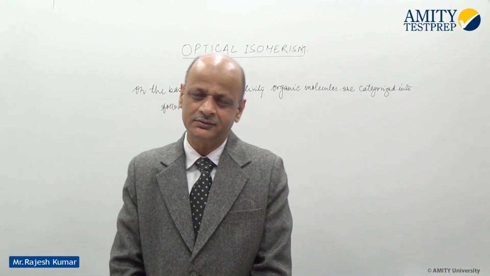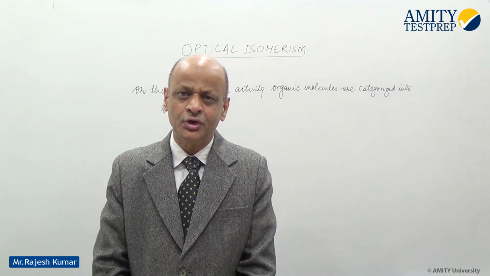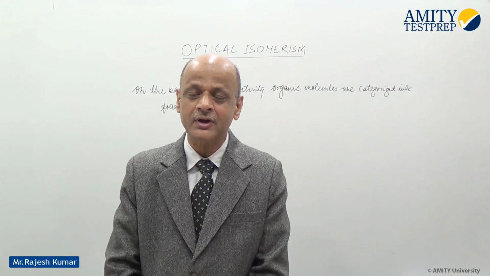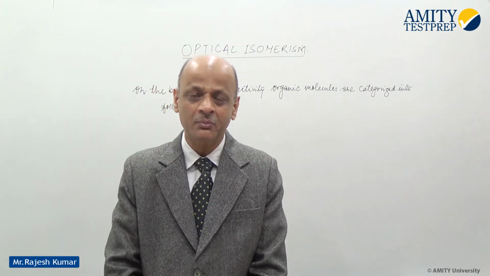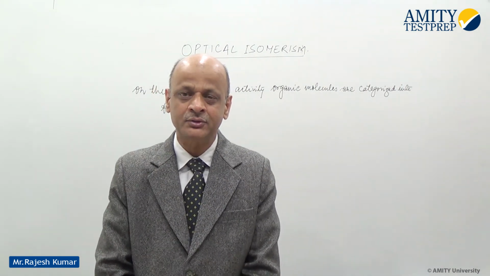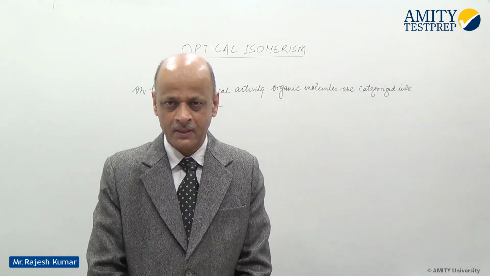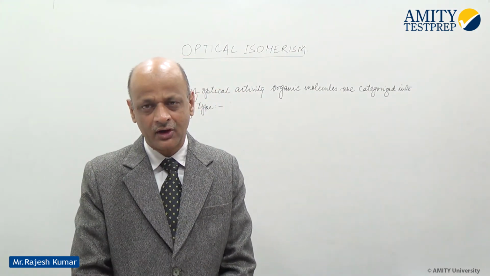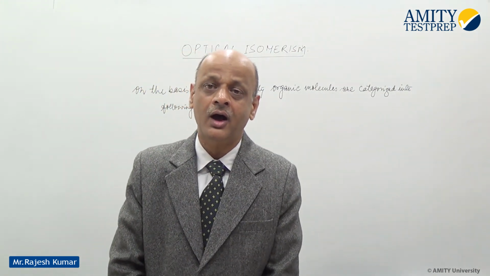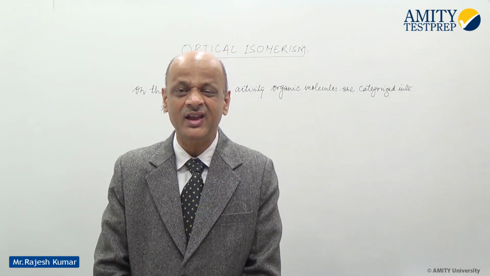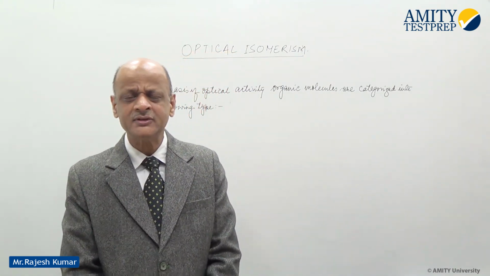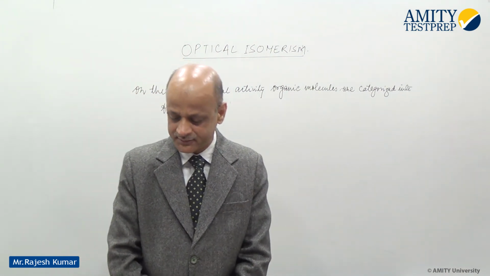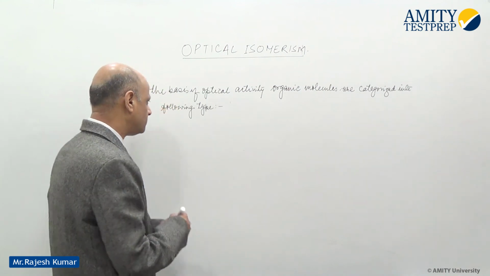Till now, we have studied those organic molecules which are capable of rotating the plane of polarized light, meaning light which vibrates in only one plane after passing through the Nicol prism, are called optically active molecules. And those molecules which cannot rotate the plane of polarized light are called optically inactive molecules. On the basis of optical activity, organic molecules are further categorized into four types. One is called D form.